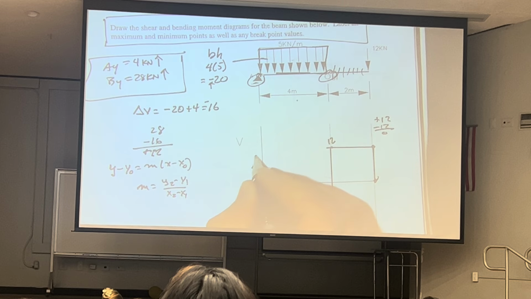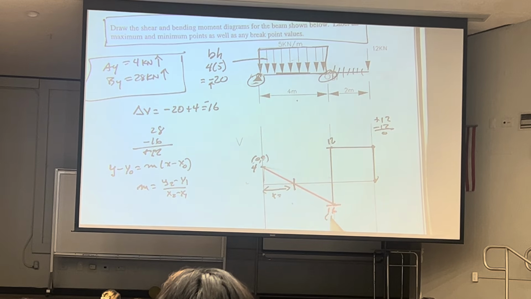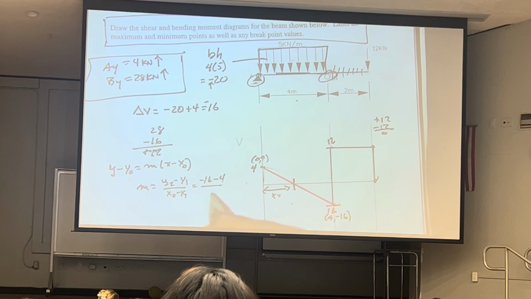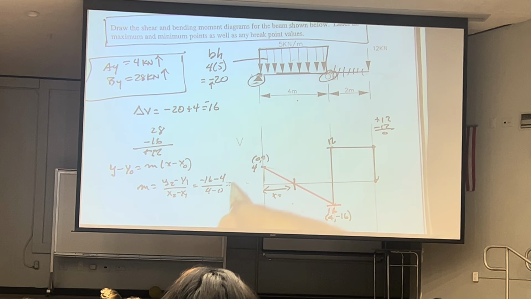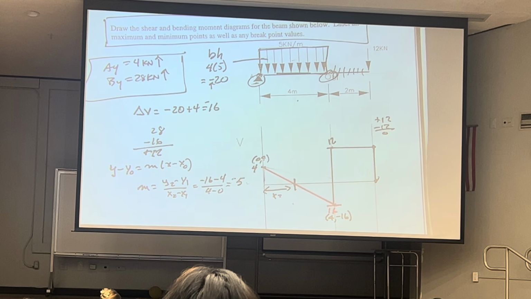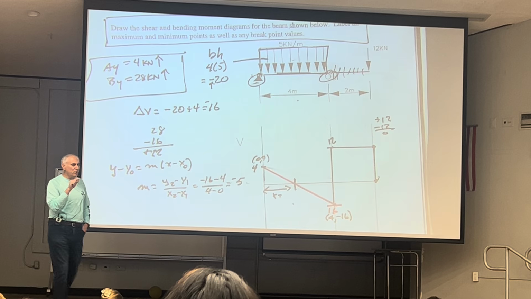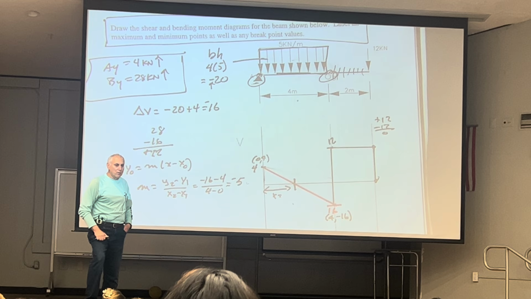This has coordinates here of 0, comma 4. This has coordinates of 4, comma minus 16. This says minus 16 minus 4 over 4 minus 0. The answer is negative 5. Did I really need to do that? Why not?